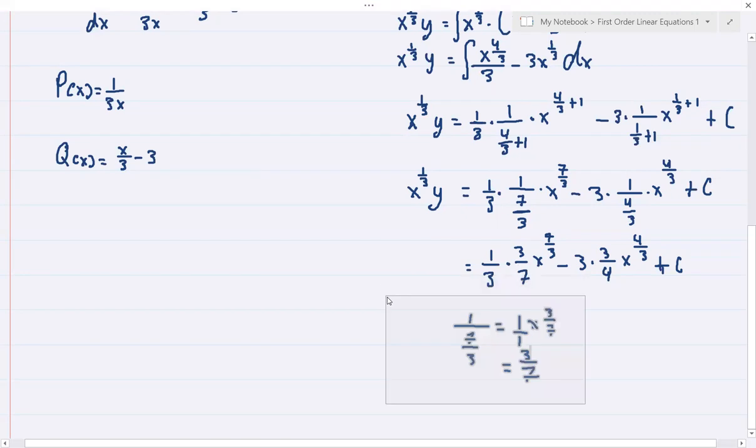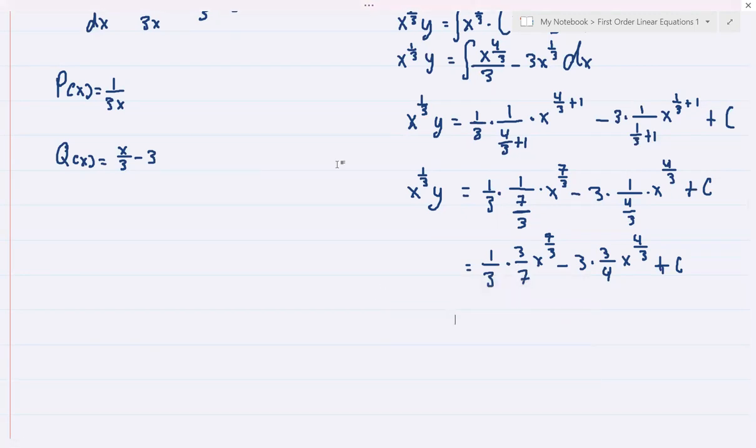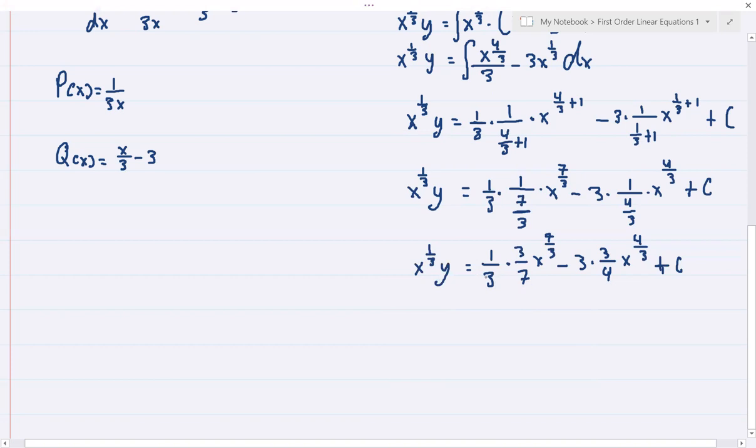So now let's simplify because we have x raised to 1 third. So in here, we will cancel out your 1 here. So we will have 1 all over 7 times x raised to 7 all over 3. Okay?